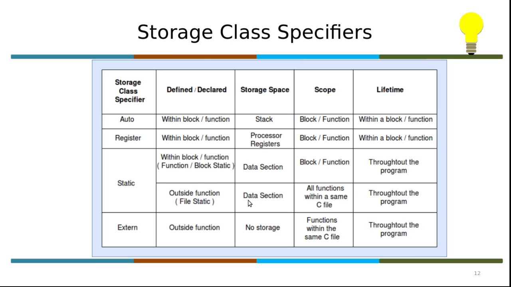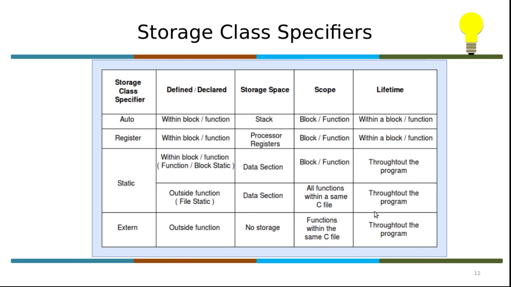The scope is again within the function or block where it is defined, and for a file static it is all the functions within the same C file. Again lifetime is throughout the program. So the value is initialized at the time of initiation of execution when you give ./a.out. So the value will be there throughout the program.